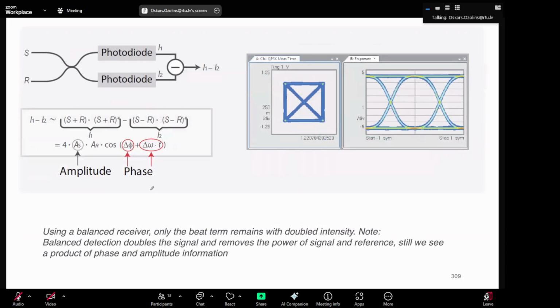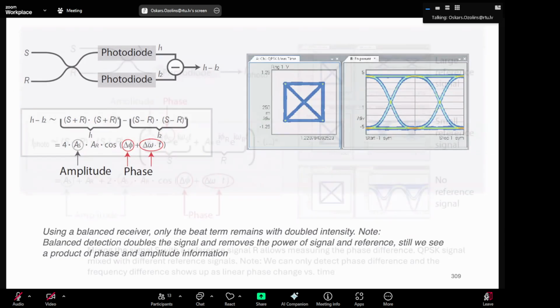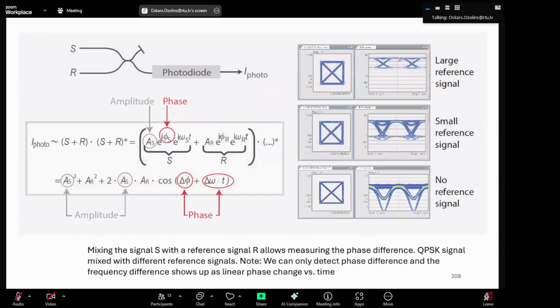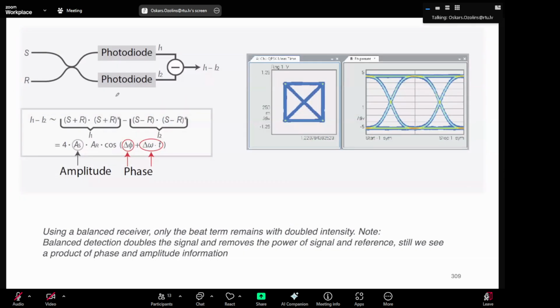Then what you do in this case, so here you only get half of the amplitude. I mean, you can improve that. For example, you have a signal, you have a reference, you mix them, and then you have two photodetectors which you sum together, then you get 2 times higher amplitude here, which is also very good.